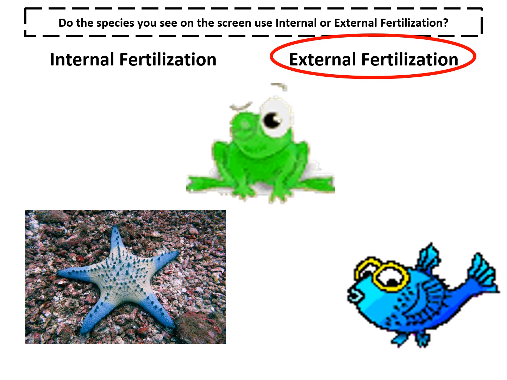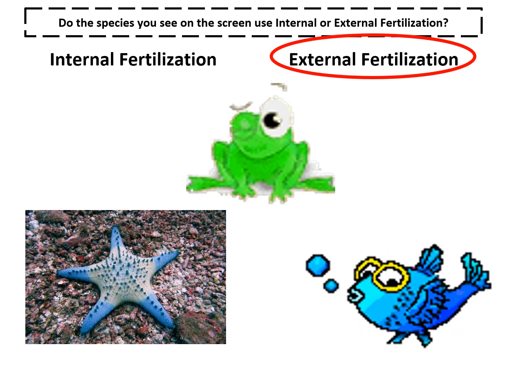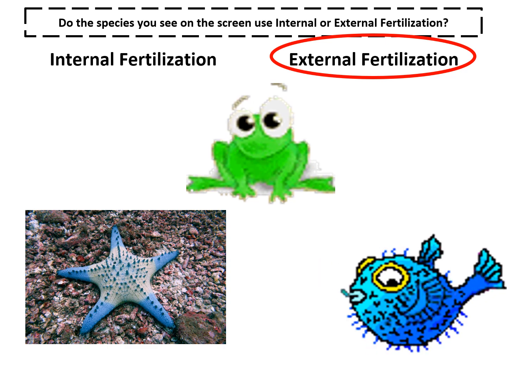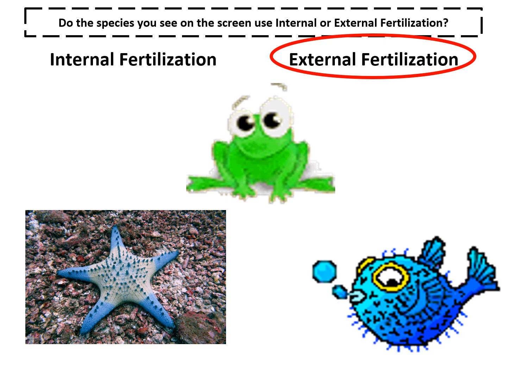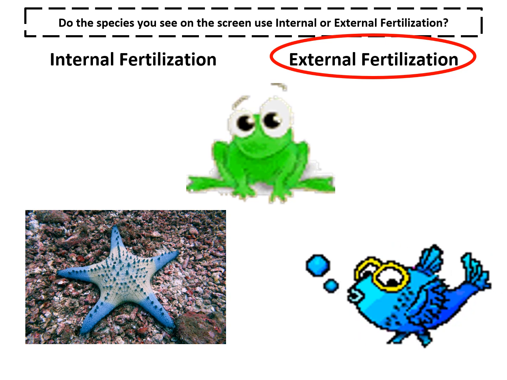Now, I know earlier in this unit we talked about starfish reproducing asexually, but that is not the case for all starfish. We actually only know 3 species of starfish that reproduce asexually. All the rest go through sexual reproduction, specifically external fertilization and development.